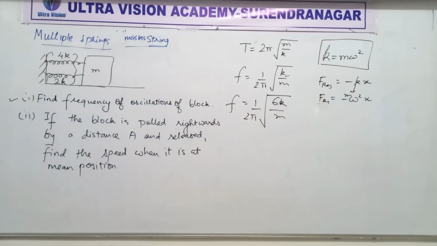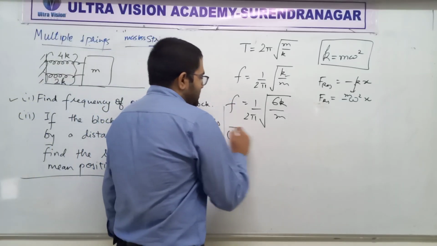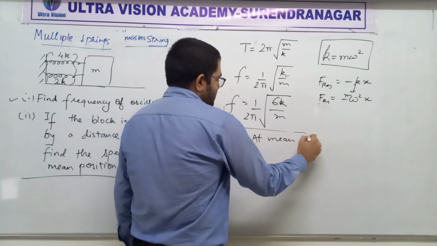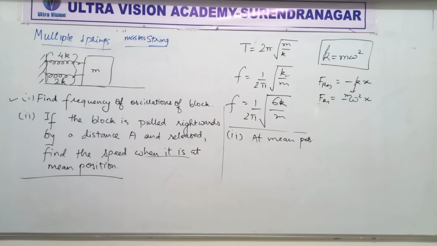Now what's the question further? The second question is what will be the speed when it comes to the mean position? What do you think? At mean position, how much is the speed in SHM? At mean position, what's the speed? Yes, correct?